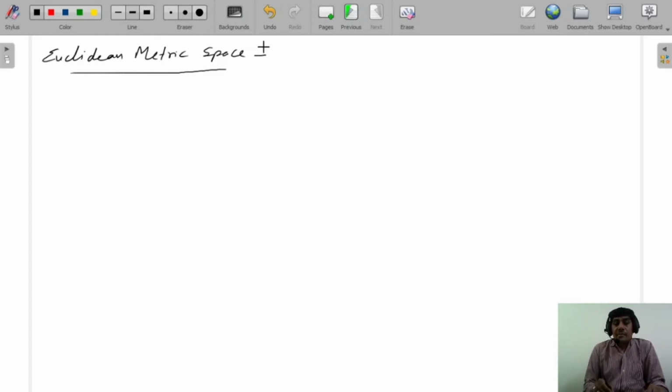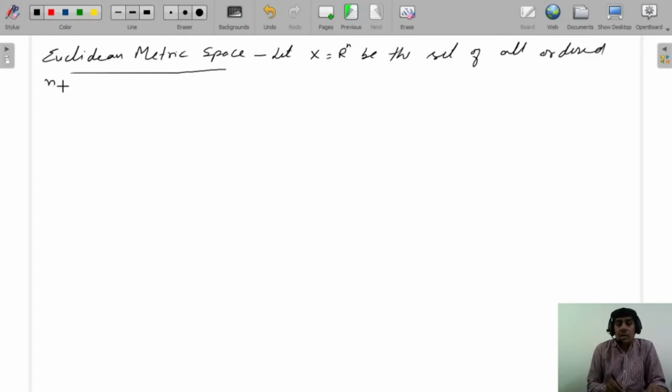Let X = Rⁿ be the set of all ordered n-tuples of real numbers.